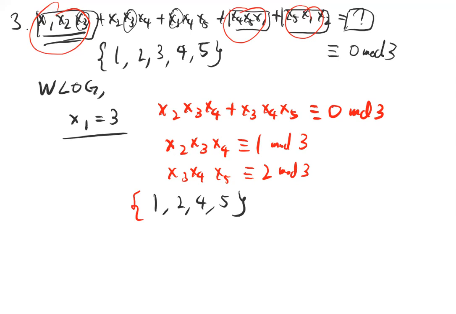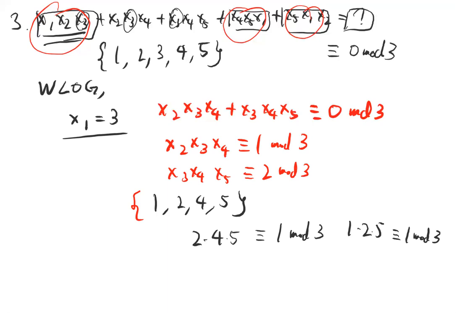One way is 2, 4, 5. So 2 times 4 times 5 is 1 mod 3. Is there any other combination of numbers that produces 1 mod 3? There is: 1, 2, 5. 1 times 2 times 5 is also 1 mod 3.